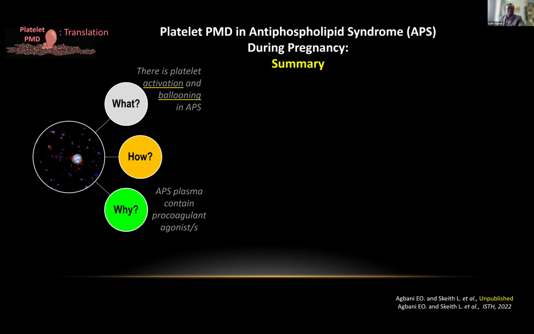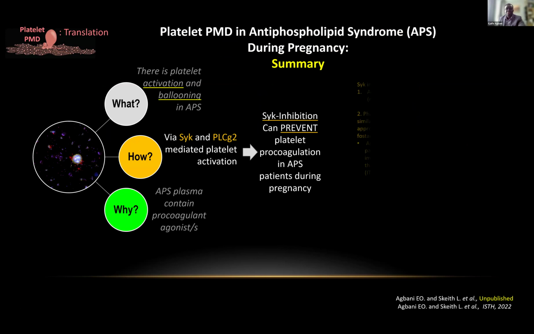Summary of our findings here. We know that there is platelet activation and ballooning in APS, we know that there is some procoagulant agonist in the plasma. The ballooning that we're seeing there is occurring via SYK and PLC-gamma2.